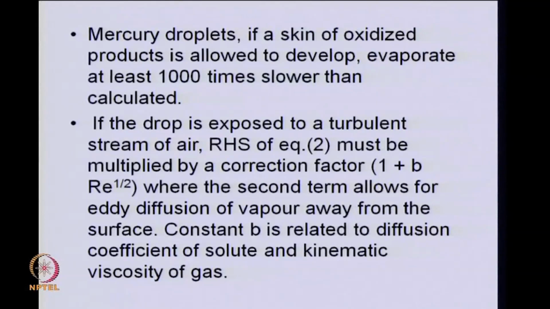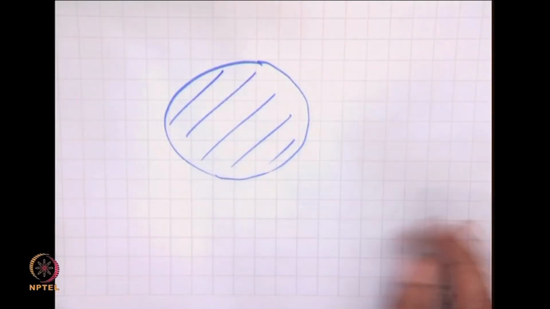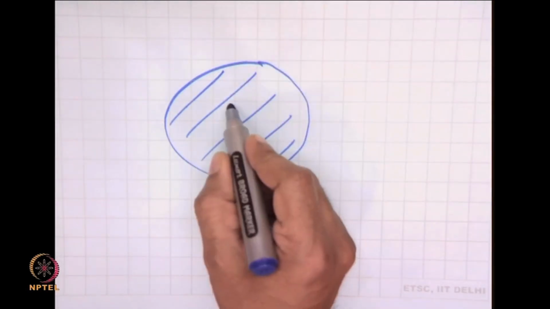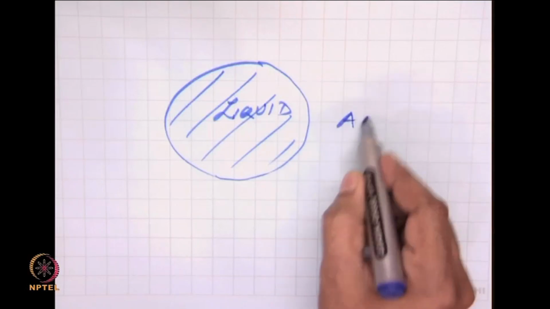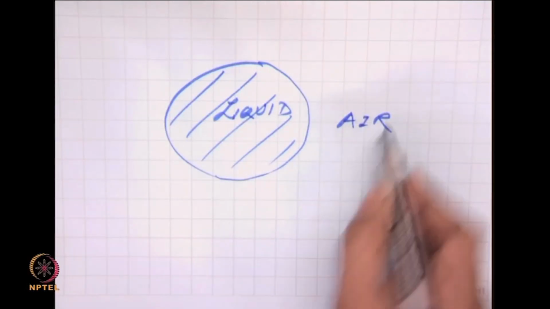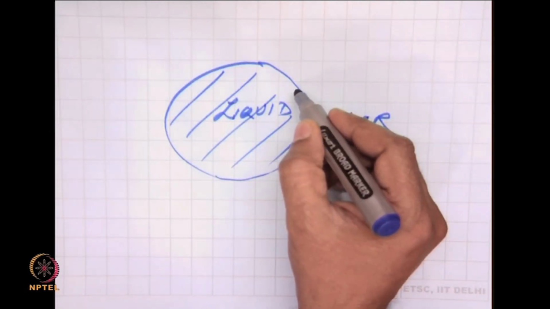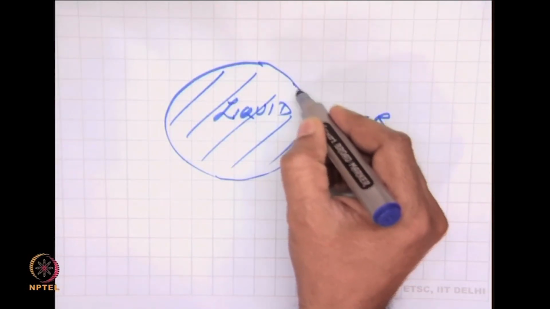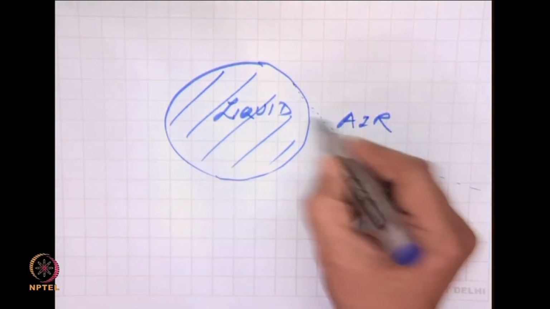You can visualize this slightly differently by looking at a single drop. If I have a drop of liquid and air around it, if this air is stagnant, then in principle the liquid evaporates at the surface, and the vapor then diffuses into the bulk of air.